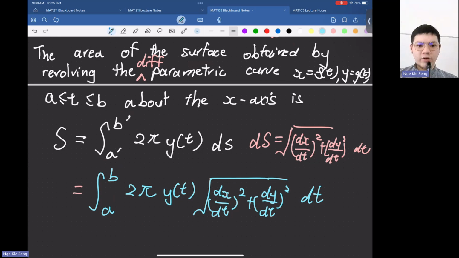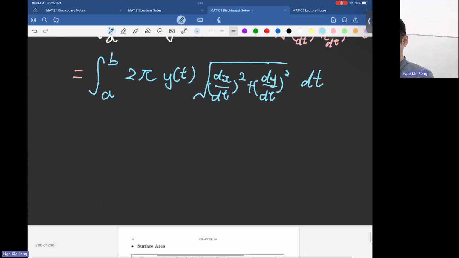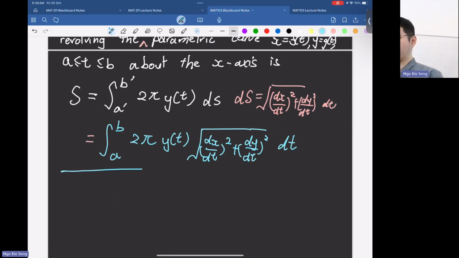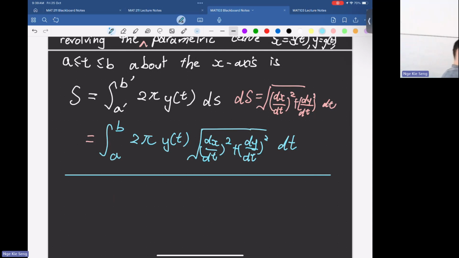If no question, let's do one example also. Once you think that you understand, you should try an example. If you don't understand the example, go back and read. When you think you understand, do an example, until you know how to do a proper example.